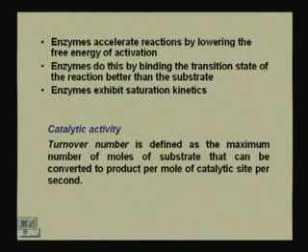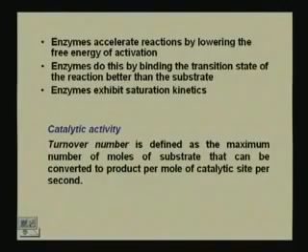Okay. The turnover number is defined. So, how would you define a catalytic efficiency? An efficient enzyme would be one that could transform more of the substrate to the product, right? That would be an efficiency of an enzyme. So, the turnover number is defined as the maximum number of moles of substrate that can be converted to product per mole of catalytic site per second.